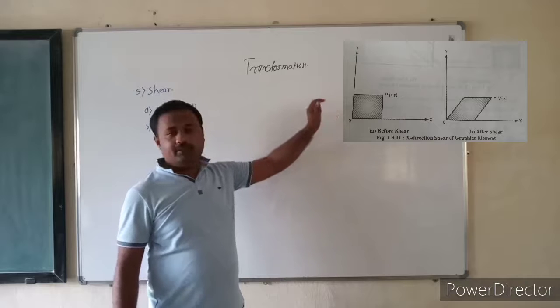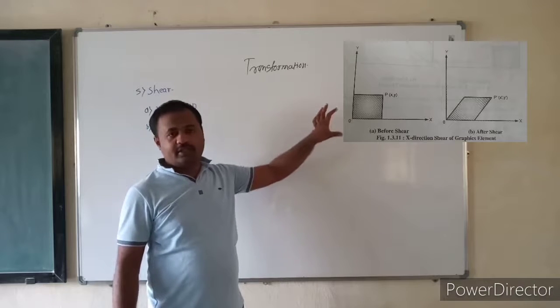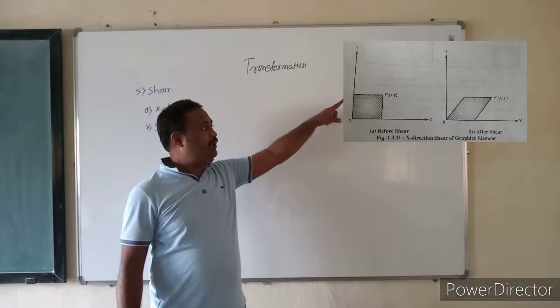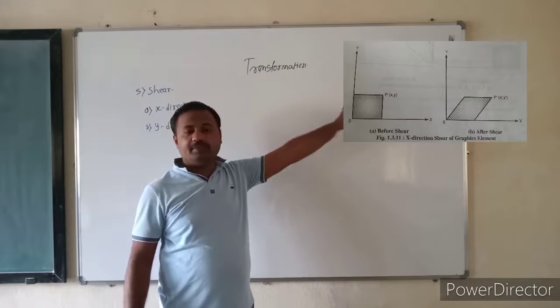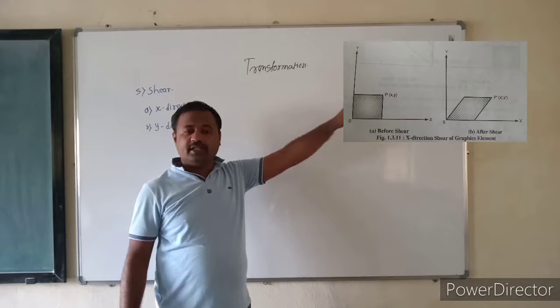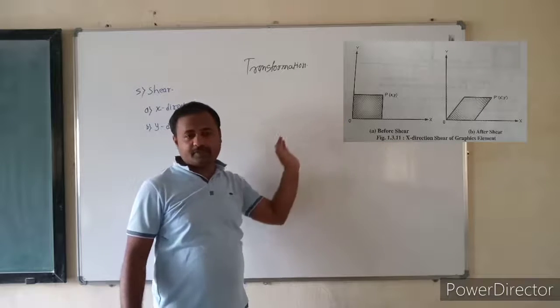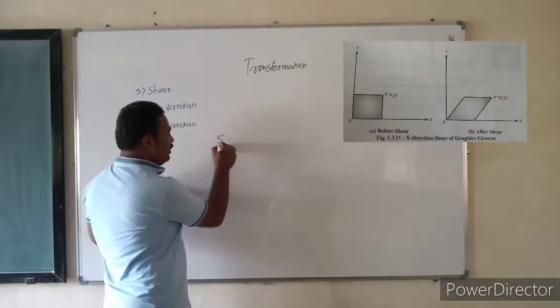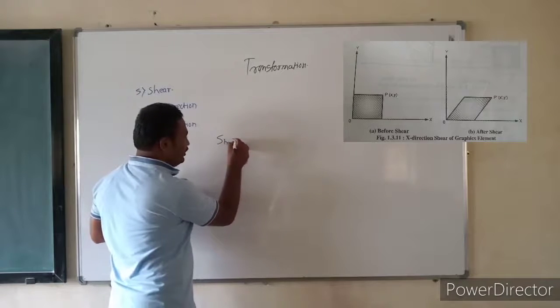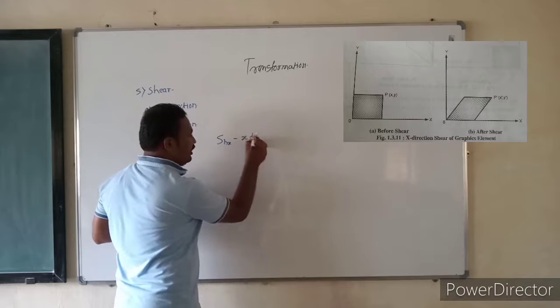The point in the rectangle, P(x, y), after shear becomes P dash, x dash y dash, means before shearing, after shearing. Shx is the shearing in x direction.